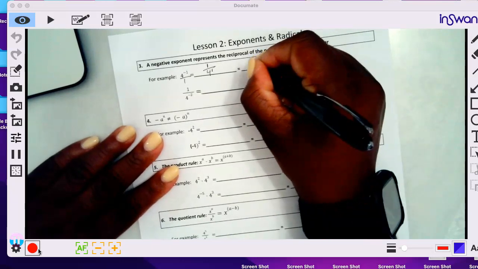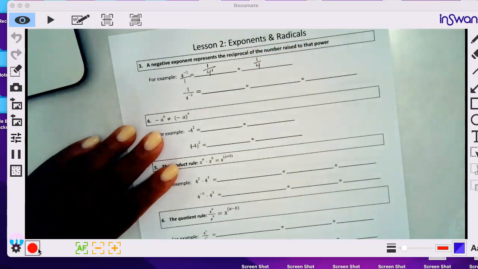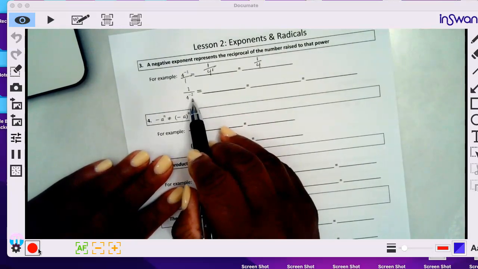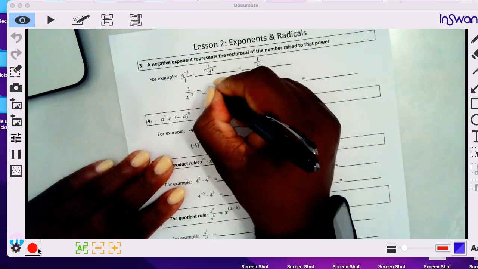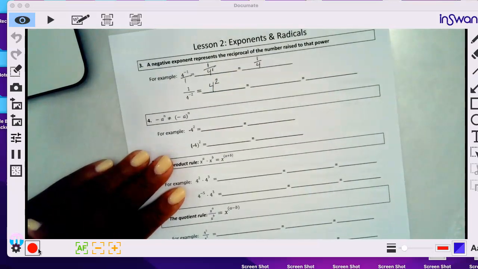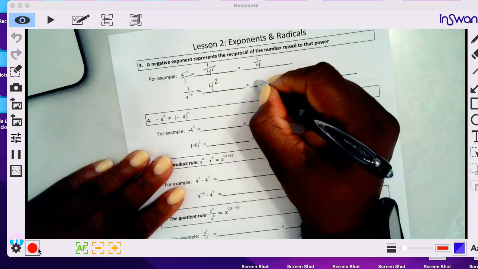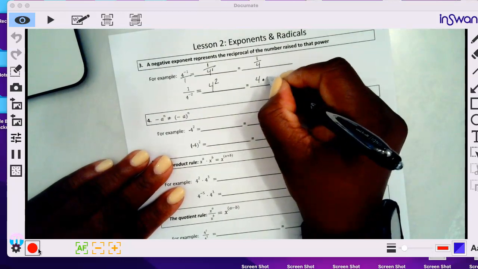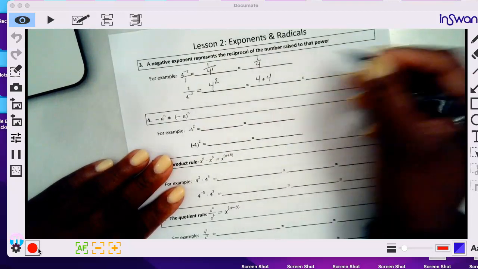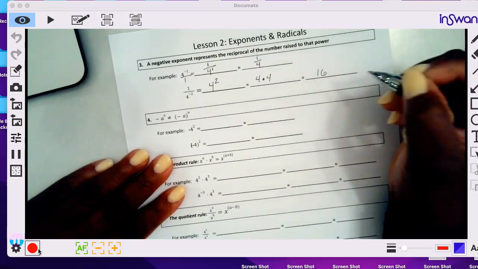So therefore, your answer will be 1/4. Next one, 1 over 4 to the negative half. That's the same thing as saying this is now 4 squared, which equals 4 times 4. Because you have two 4s, that's going to give you 16.